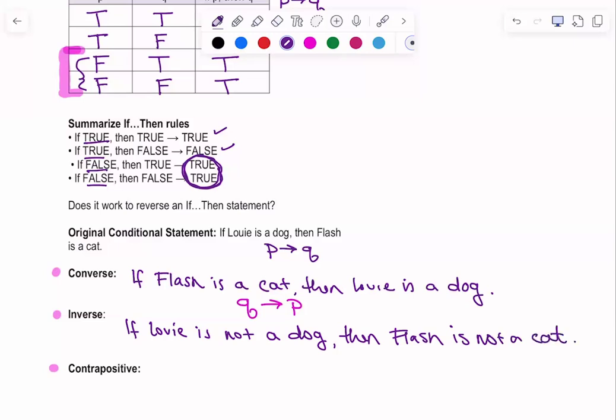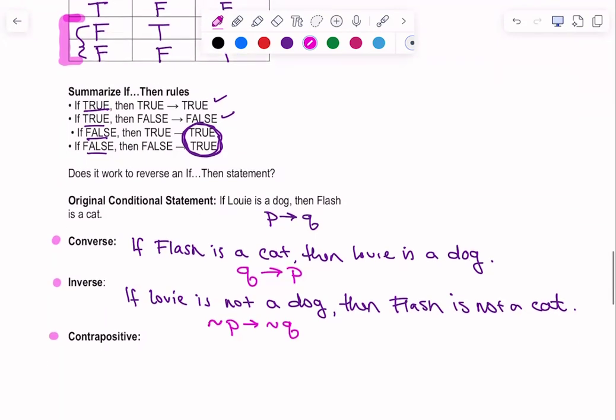If I use symbols, not means you give a little tilde sign: if not P, then not Q. It's just negating the two propositions. If we go back to the truth value, if Louis is not a dog, again, I'm living in that world I don't understand, then Flash is not a cat. That's true, right? It just works out.